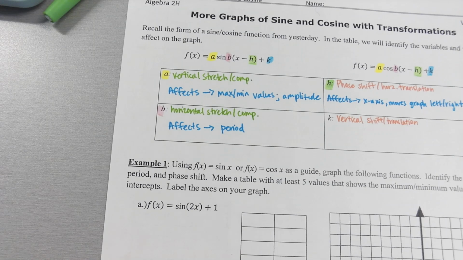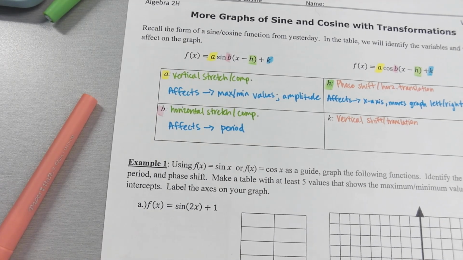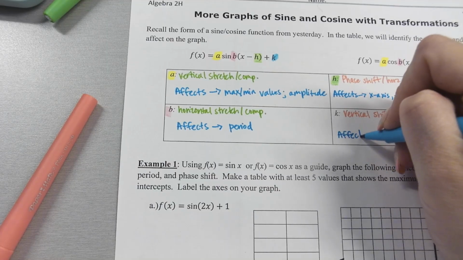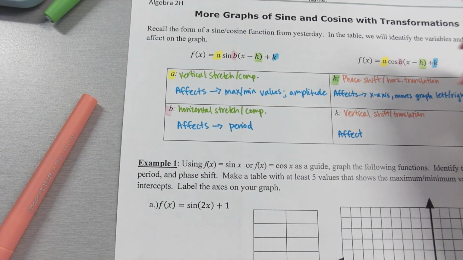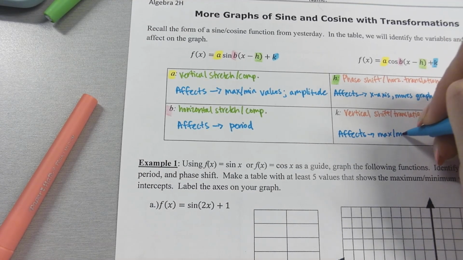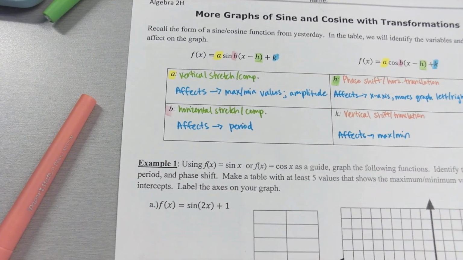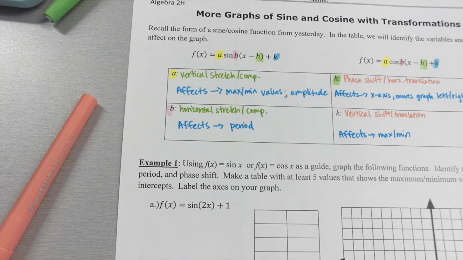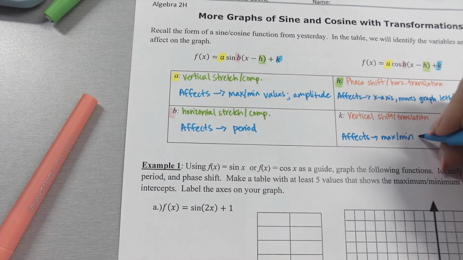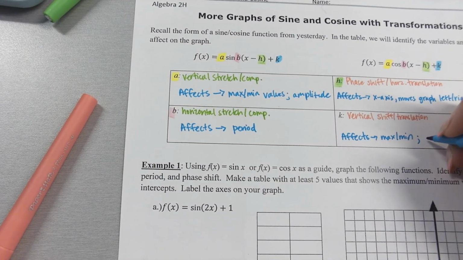Okay, so this is going to affect your max and min because it's going to move the y values up and down. So this is something that you saw in that preview packet. You did some where you would move the graph up or down towards the back of the packet. And then not only does it move the max and the min, it's going to move the x-intercept.